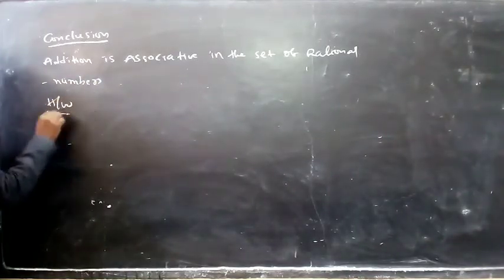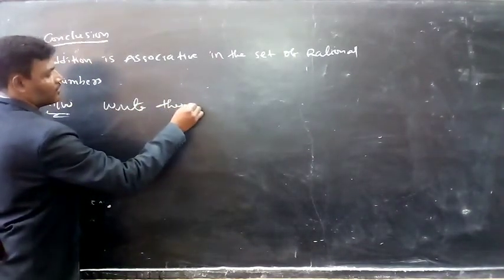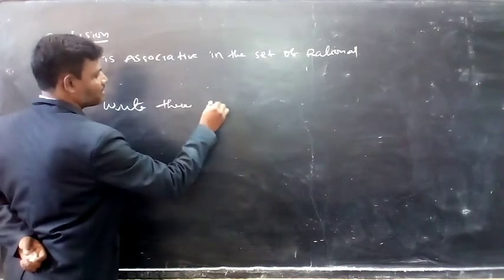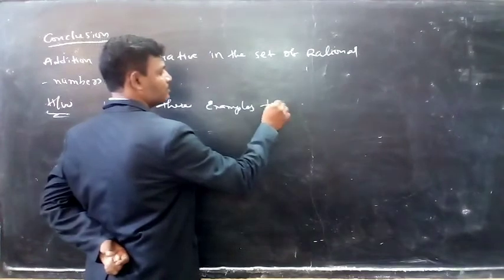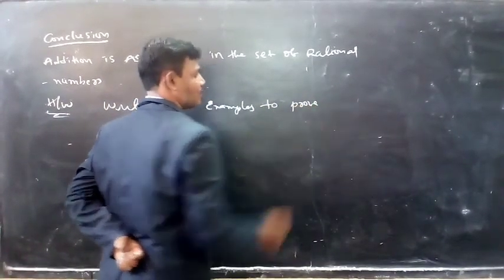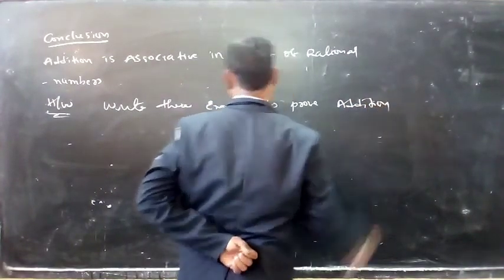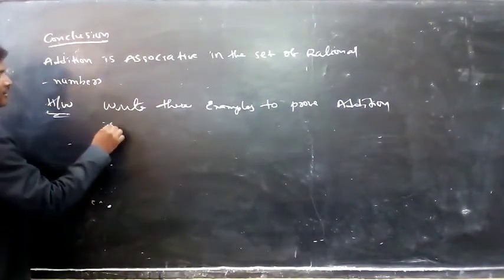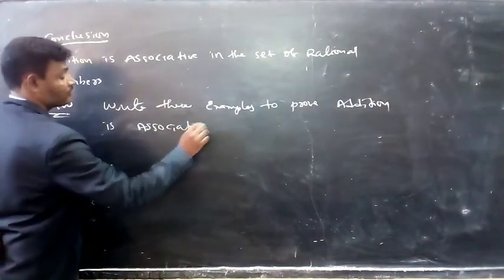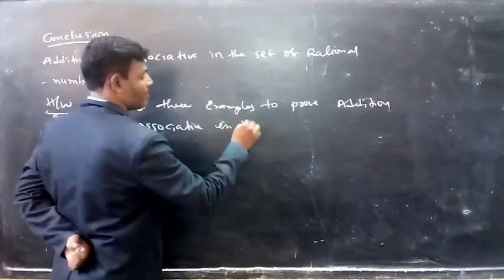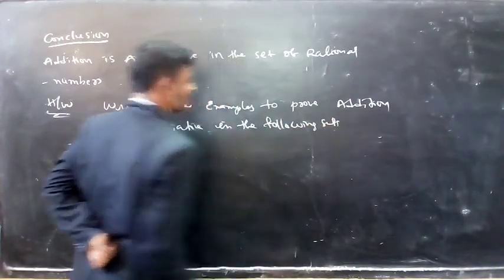Now homework problems. Write 3 examples to prove addition is commutative and associative in the following sets.